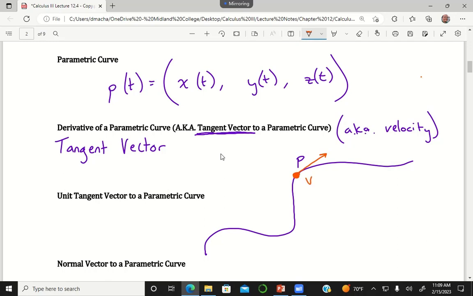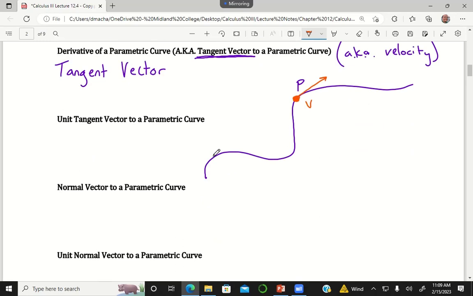And your velocity should be in the direction that's tangent to the path your object is taking at any given time. So that's what it means to have a tangent vector.